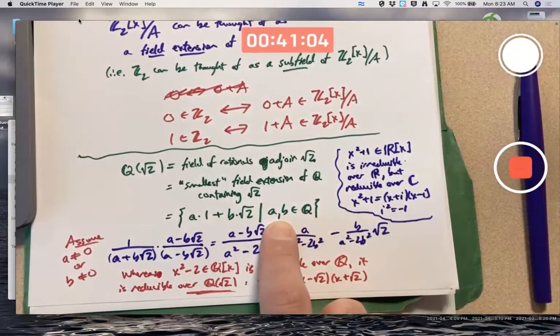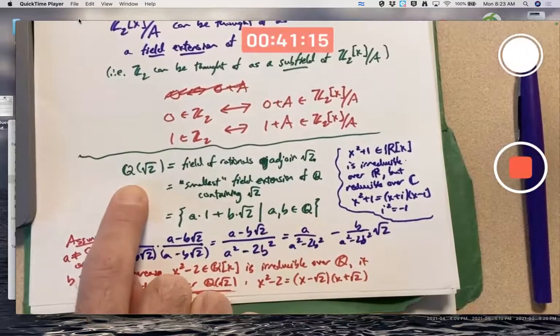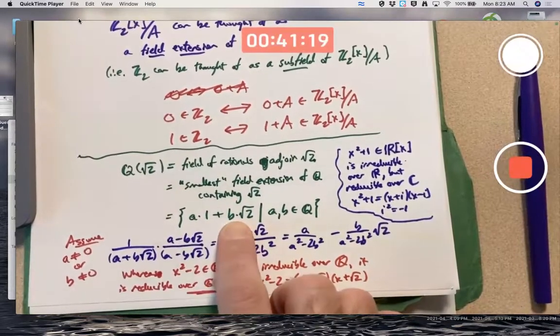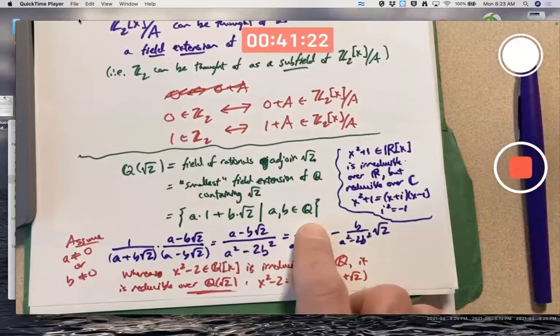This is a vector space. It's a vector space whose elements are from this field, and whose scalars, when we think of the elements this way, are rational numbers.